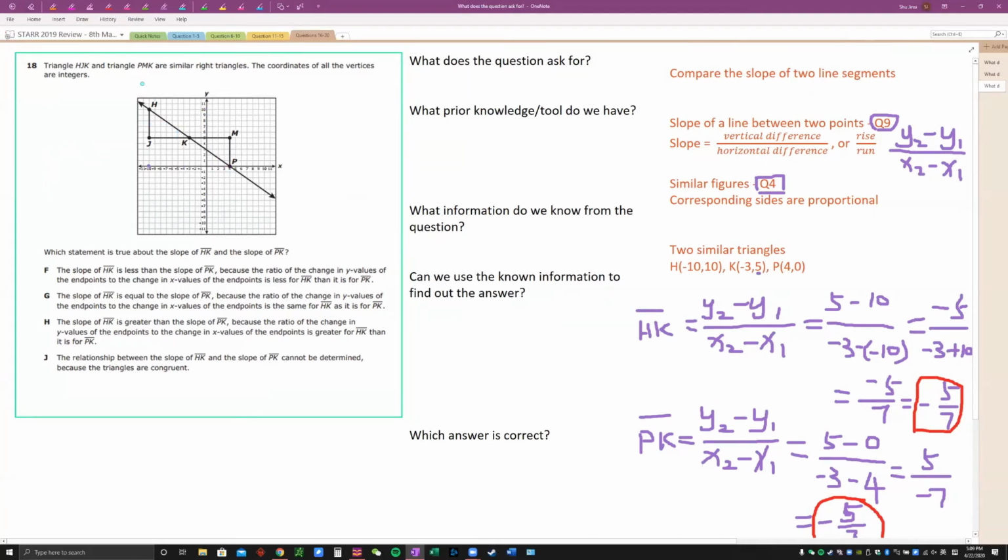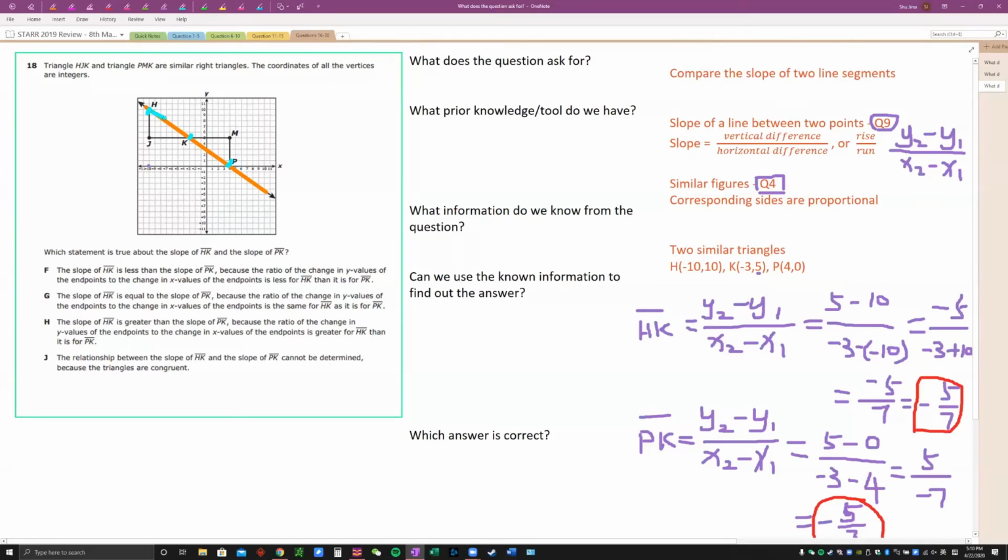Now I'm going to show you a second method. Notice that these two triangles are similar, and H, K, and P are all on this same line here. If you pick different points but they are on the same line, then the slope will always be the same, because one line always has the same slope.